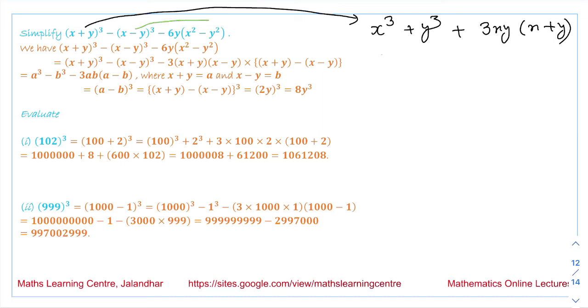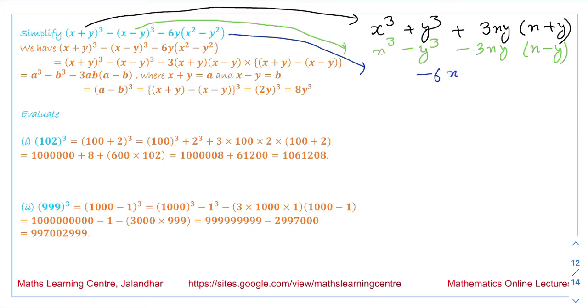The second term, when you solve it, is x cube minus y cube minus 3xy into x minus y, and the third term when you solve it is minus 6x square y plus 6y cube.